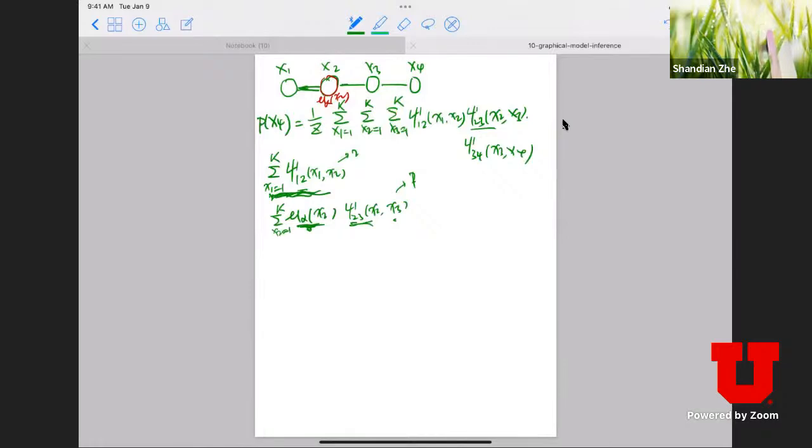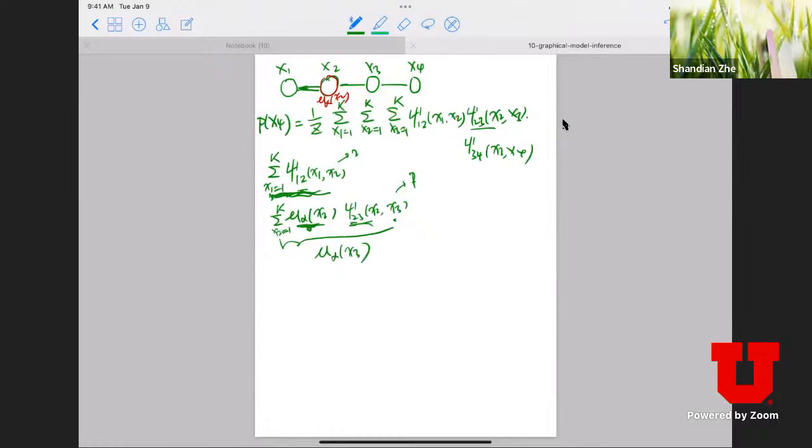Okay. So again, if you do this second level summation, you actually have marginalized out x2, right? So you get a function of x3 only.